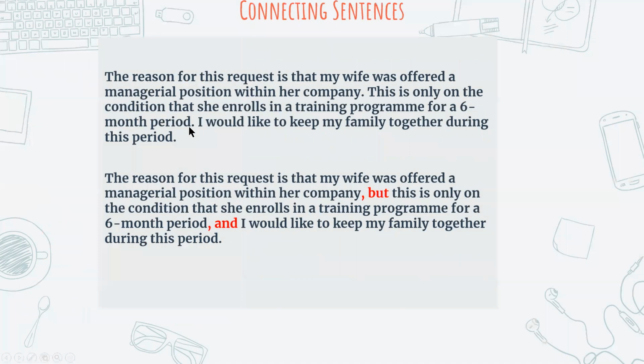Here is the paragraph one more time. Okay, and this is the improved version. Let's read it. The reason for this request is that my wife was offered a managerial position within her company, but this is only on the condition that she enrolls in a training program for a 6 months period. And I would like to keep my family together during this period.